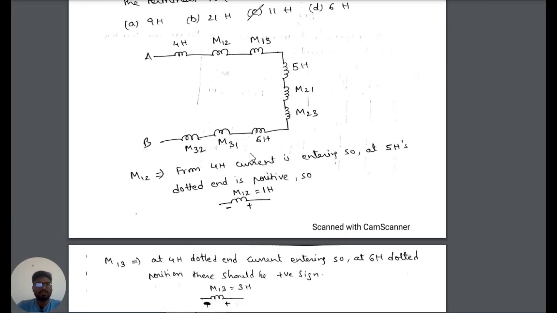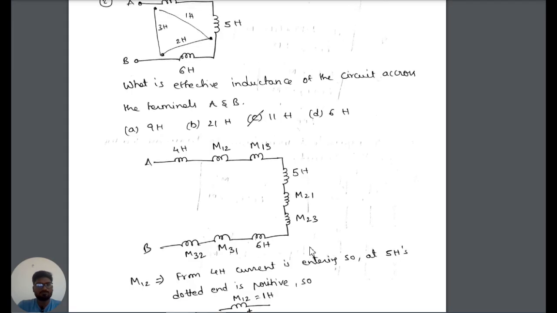The values and the signs of the inductors I have discussed and written here. If you go through it, you will understand it. First one I will explain. M12. From 4 Henry the current is entering. So at the 5 Henry the dotted terminal is positive. So here the mutual inductance is caused by the current flowing in 5 Henry.